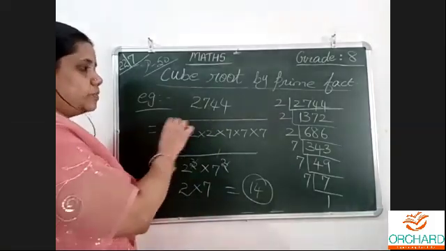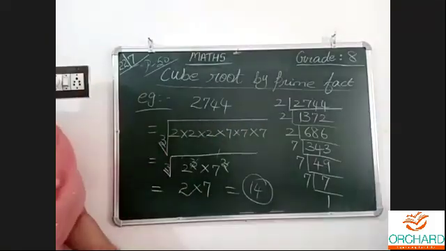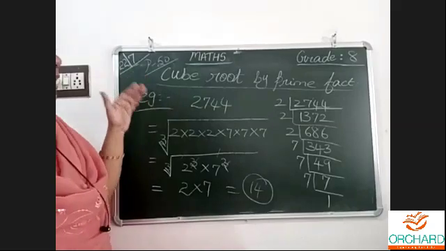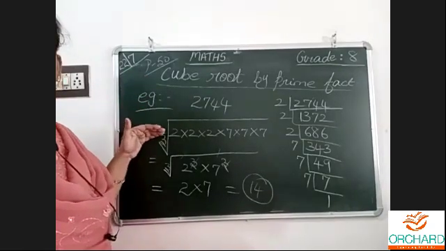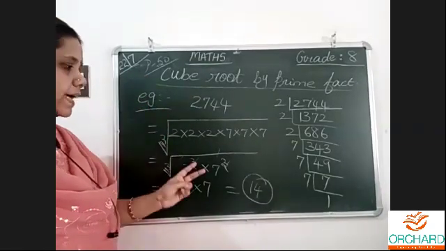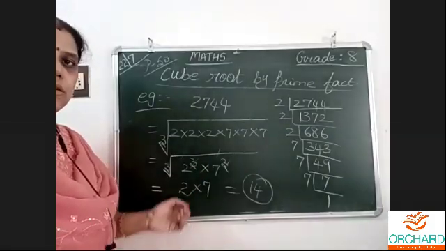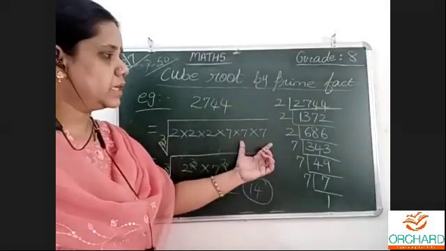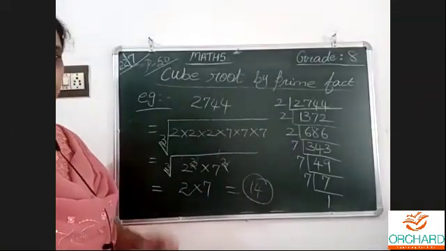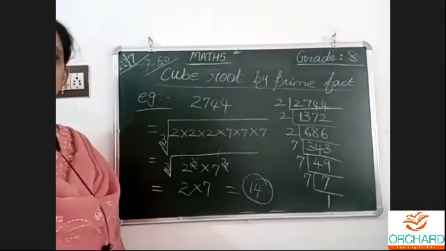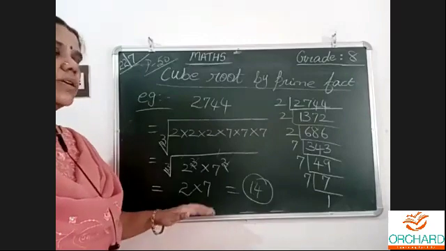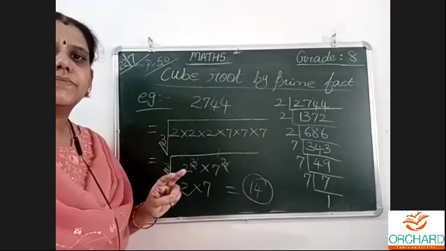This is the cube root method of prime factorization, similar to that of the square root. There we used to take pairs and one number would jump out. Here we have to take groups of 3 and one number will jump out. Understood clearly? For cube roots we have only 2 methods of finding.